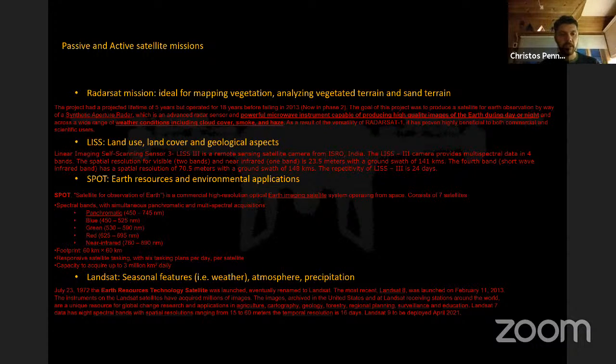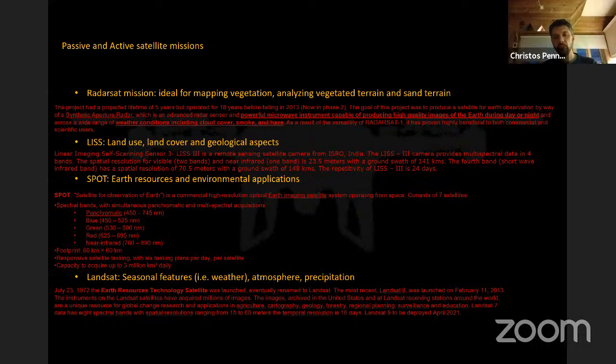They are a unique resource for global change research and application in agriculture, cartography, geology, forestry, regional planning, etc., etc. So Landsat 7 had 8 spectral bands with spatial resolution ranging from 15 to 60 meters. Temporal resolution 16 days.